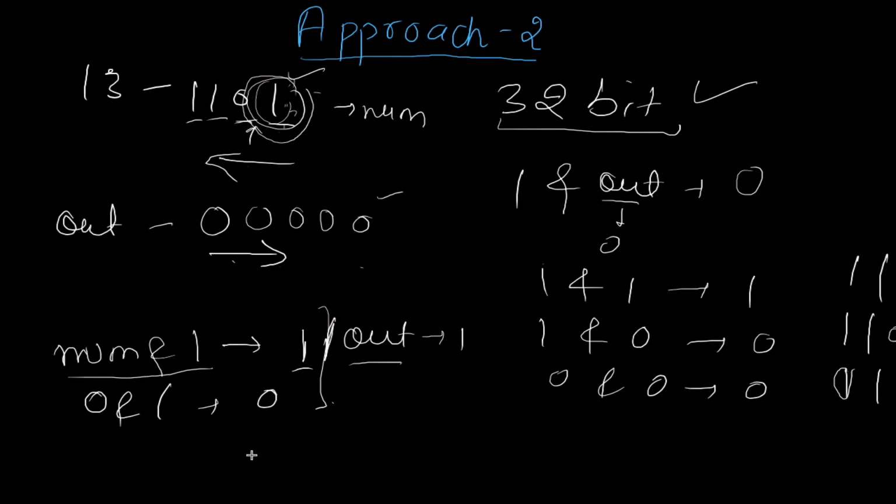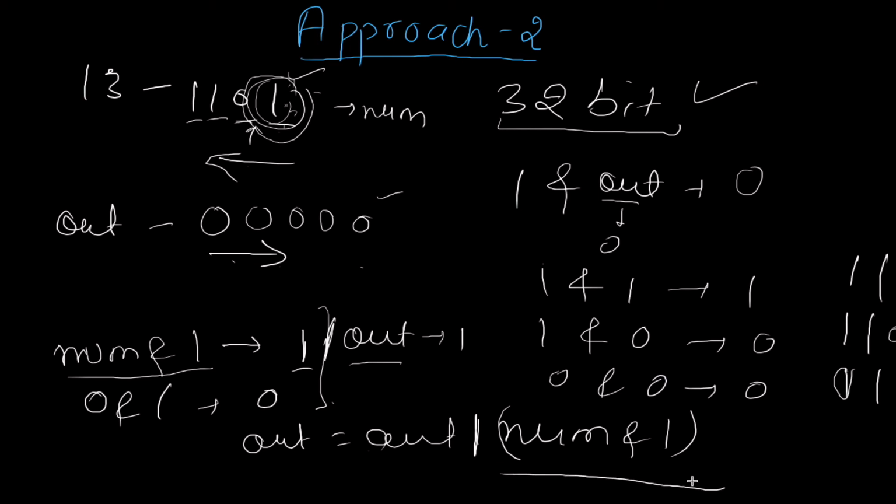So we can conclude that out will be equal to out or num and 1. So num and 1 will give you the correct digit whatever is at that place, and out will be 0 initially. So if this is 0, you will get out as 0. If this is 1, you will get out as 1.